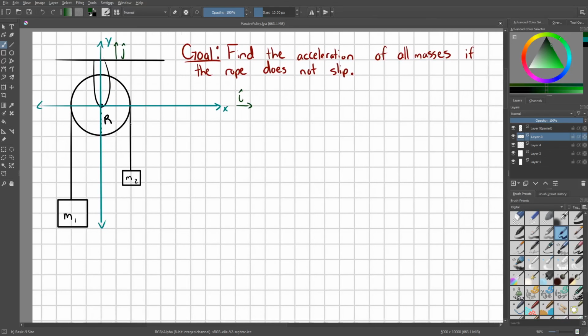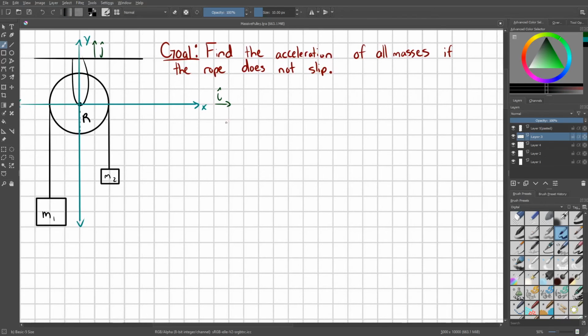So, I'm going to start by writing down the most basic definition of torque. So torque equals dL over dt. Right? So it's the rate of change of angular momentum with respect to time.